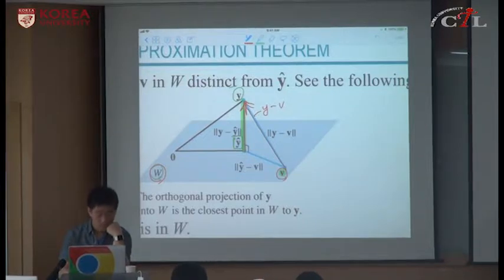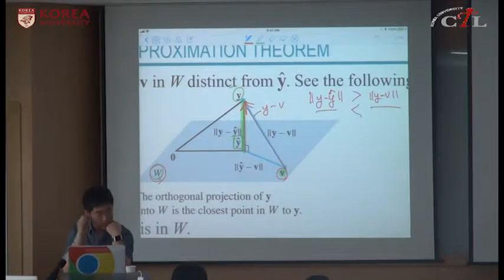The question is the length of this vector versus y minus v. Which one is shorter? The one with the shorter length will be considered a better approximation, right?